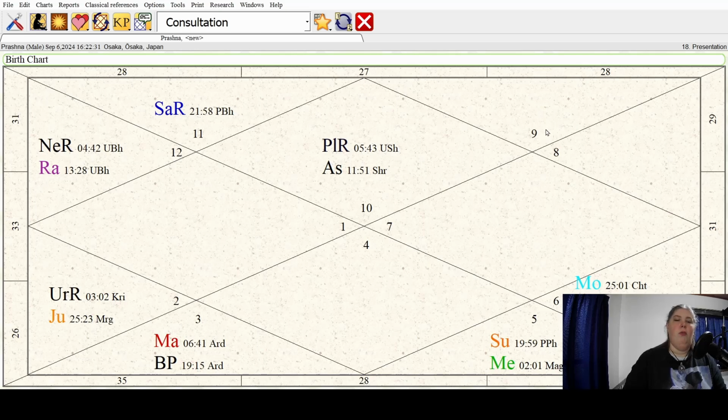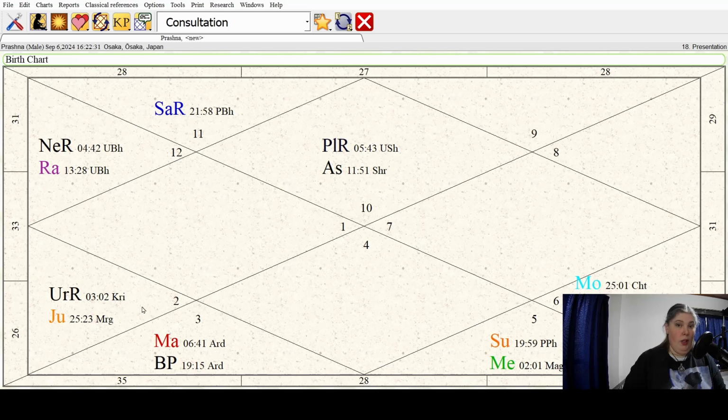Now, with this, you're going to look where the 12th lord goes to figure out the pada of the 12th house. So in this case, it's Sagittarius. Sagittarius is ruled by Jupiter, and Jupiter's in the 5th house. So, this means Jupiter has gone 1, 2, 3, 4, 5, and 6 houses away from the 12th house.